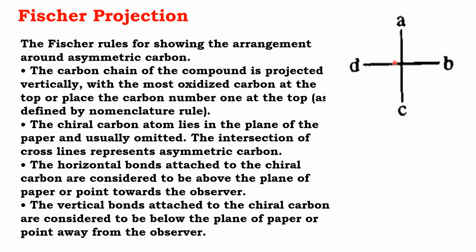The vertical bonds attached to the asymmetric carbon atom are below the plane of the paper, or away from the observer. So when we write the projection formula of any molecule, these factors have to be considered.